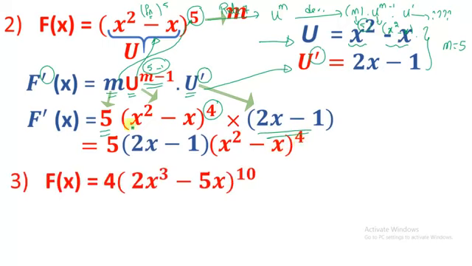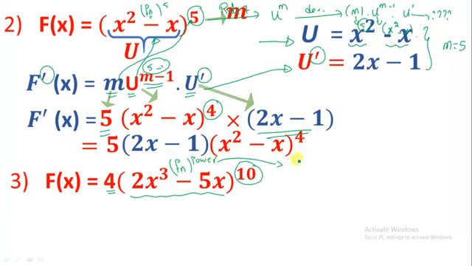Now, example 3. I have f of x equals 4 multiplied by a function (2x cubed minus 5x) raised to power 10. This part is a function containing x raised to a power, which is 10. So what rule will you think of? Rule 6. Rule 6 says that if I have any function u raised to power m, its derivative is m multiplied by u to the power m minus 1 multiplied by the derivative u prime.